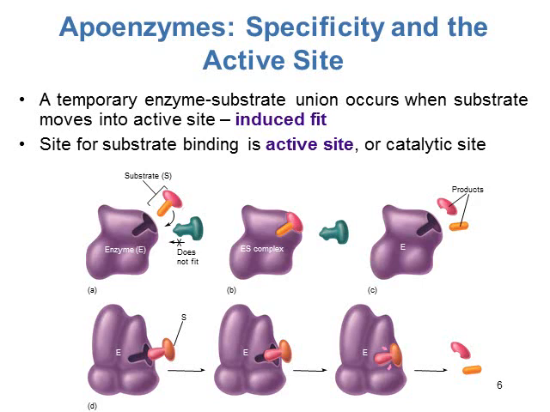What happens is your substrate, which is the reactant you're working with in the reaction, binds into the active site, and you get what's called an induced fit. The temporary enzyme-substrate union causes the substrate to go into this active site, and then the protein kind of hugs that substrate. So it's an induced fit.